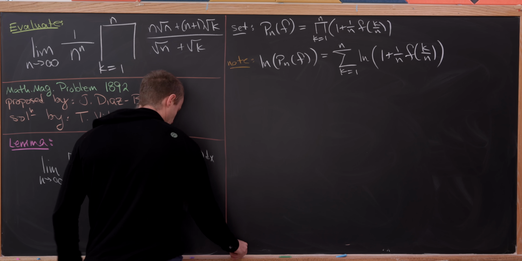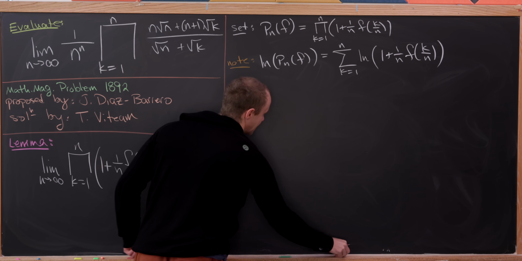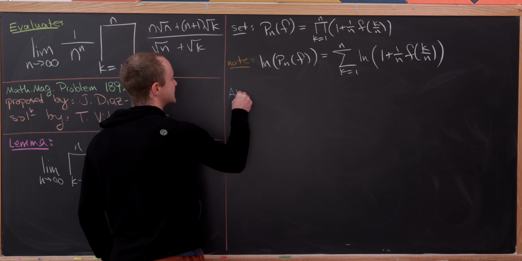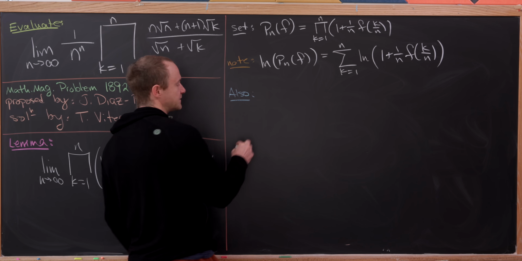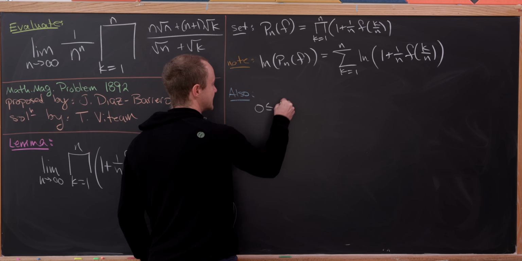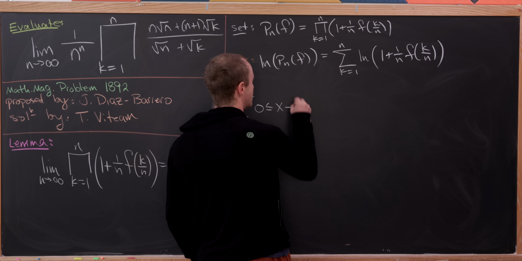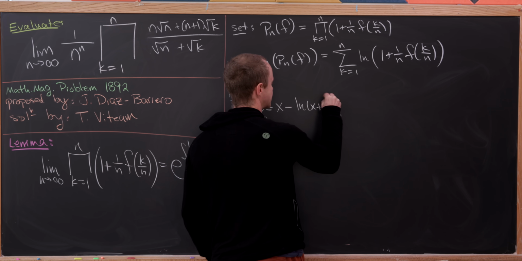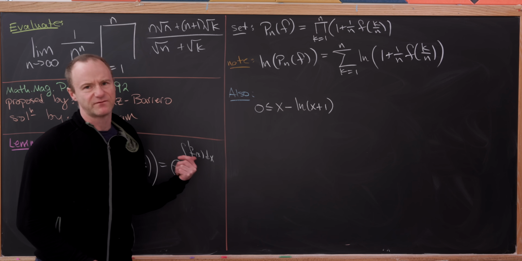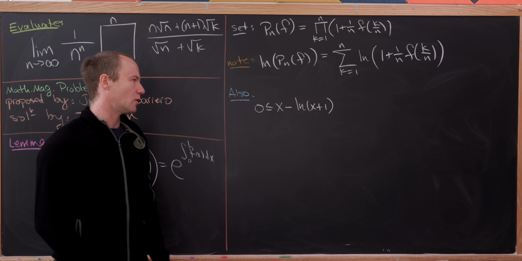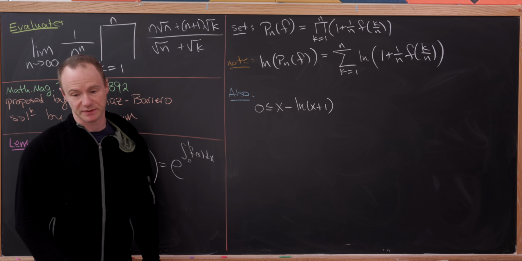Okay, but now, well, there's no inequality in sight yet, so we'd like to somehow build this into an inequality. And that'll go like this. So let's notice that 0 is less than or equal to x minus the natural log of x plus 1. So that inequality is fairly easy to prove. x is always larger than the natural log of x plus 1.